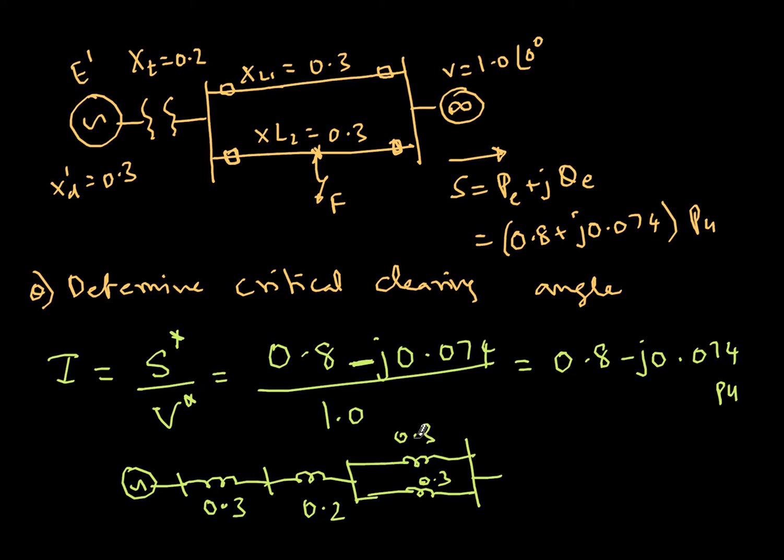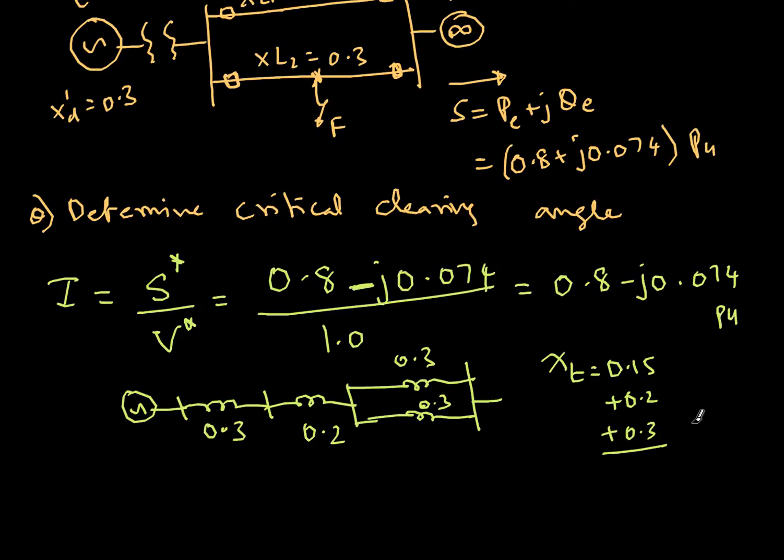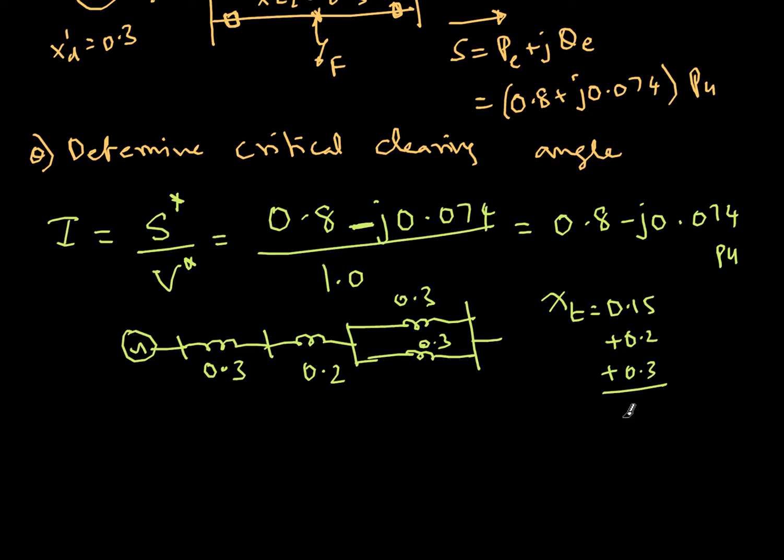So 0.3 and 0.3 in parallel would be 0.15, and then the total reactance XT will be 0.15 plus 0.2 plus 0.3, which is 0.65 per unit. So now I have the total reactance.